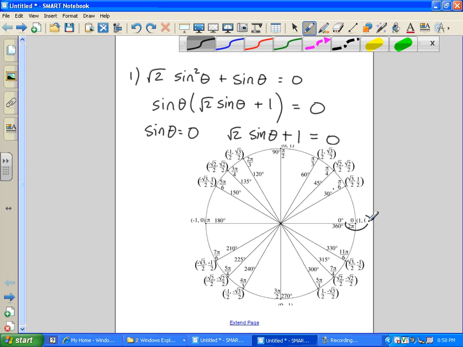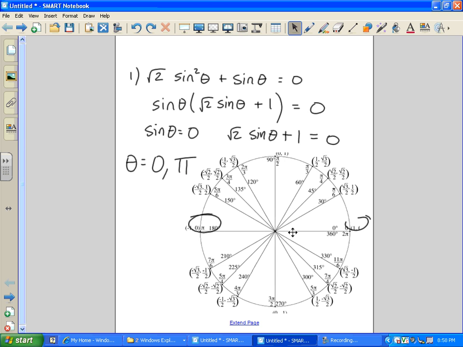That would be at 0 and at pi. So we get theta to be 0 and pi. Now, let's look at our other part of the equation.